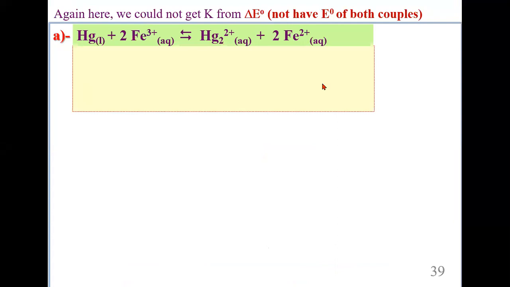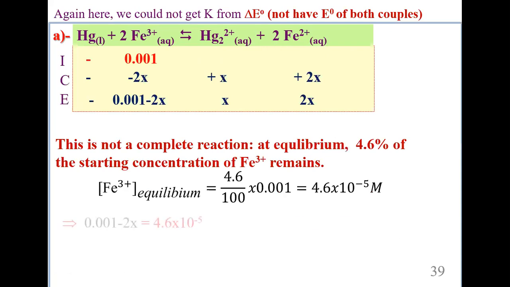I need the concentration of mercury 2+ and the concentration of iron 2+ at equilibrium, or at least initially, in order to get the E for each electrode. And I don't have any of those. So those concentrations are really 0. So you can't really get the E for each couple when you have a mixture.